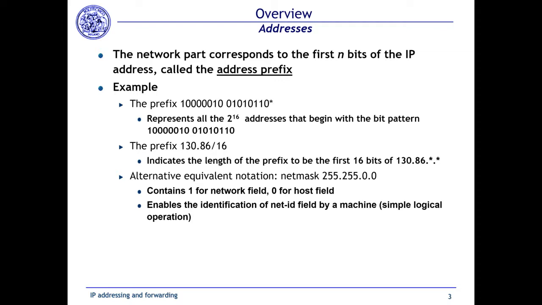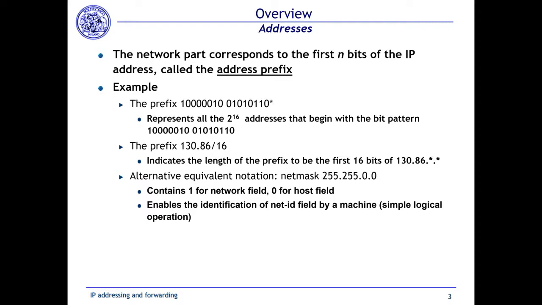There is another alternative notation that is equivalent to the previous ones. We can provide the network prefix in terms of a 32-bit address and another 32-bit number that is called the net mask.